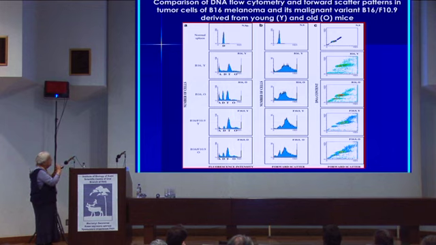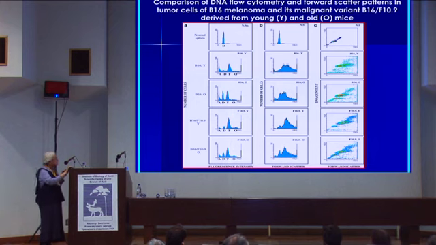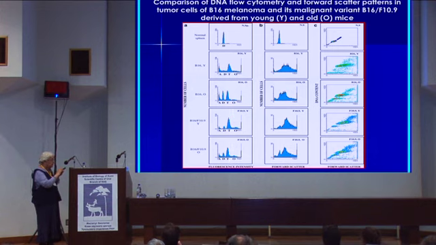So it seems that the tumors from young B16 melanoma are tetraploid, which was in fact observed by other groups as well. And the diploid cells are at a lower proportion in tumors from young.